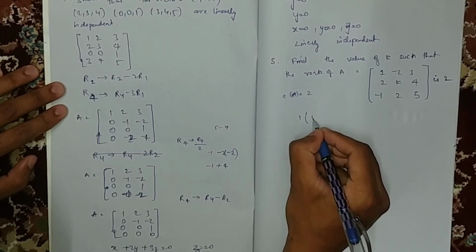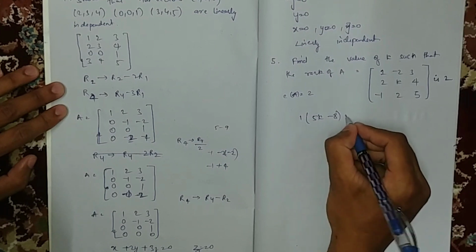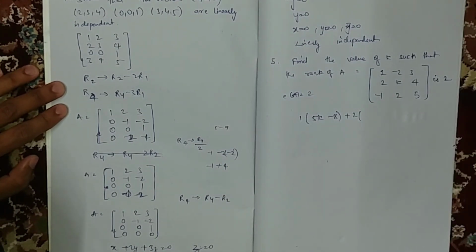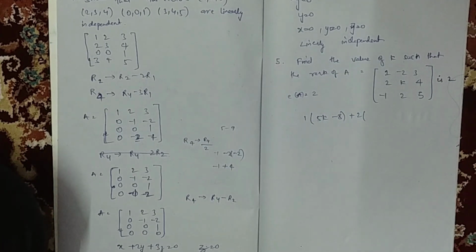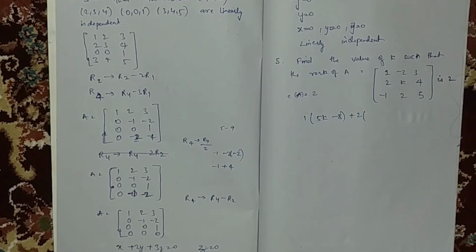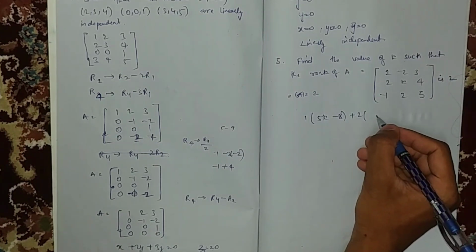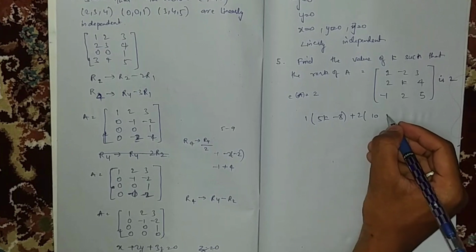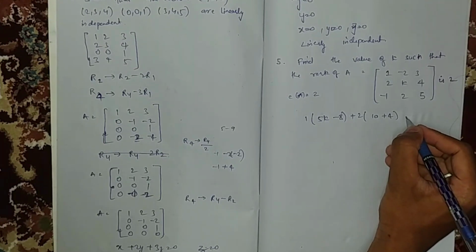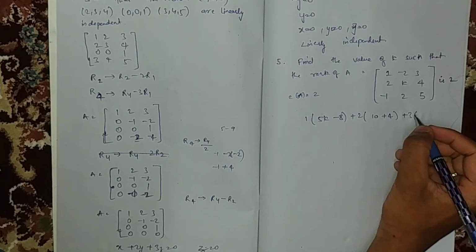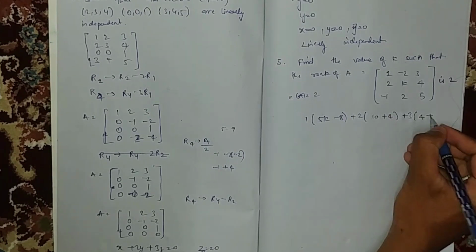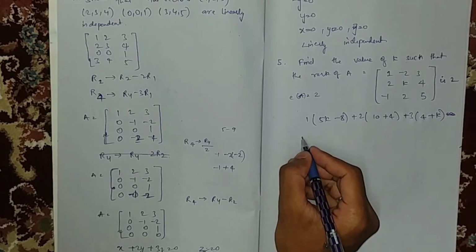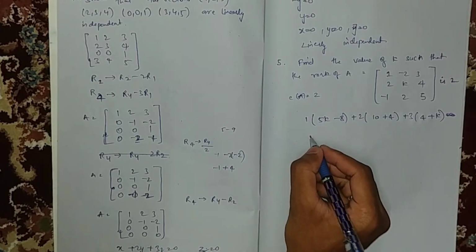So 1 times (5k minus 8) plus 2, plus 2, then 5 times 10 plus 4 plus 3 times (4 plus k) is equal to 0.